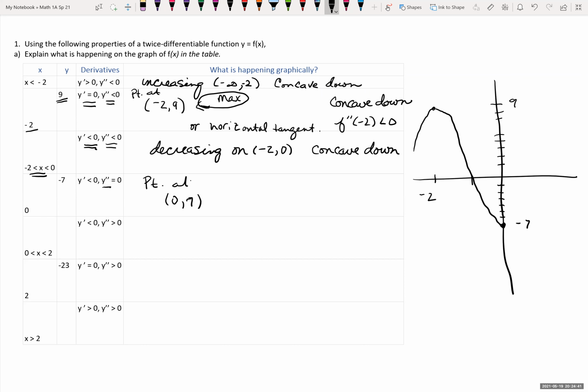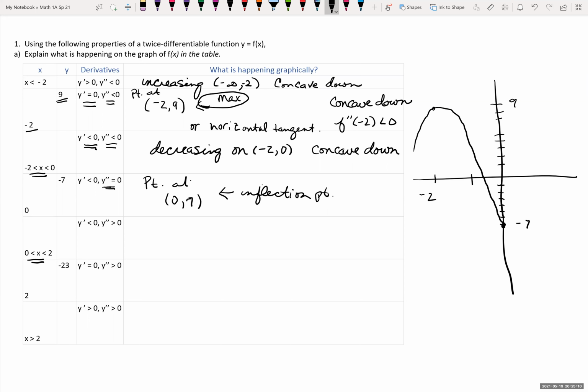Once we've hit, this should all be concave down and then change concavity. So this is actually an inflection point. Double derivative is equal to 0. And that's where we found inflection points, right? Was when our second derivative is equal to 0.